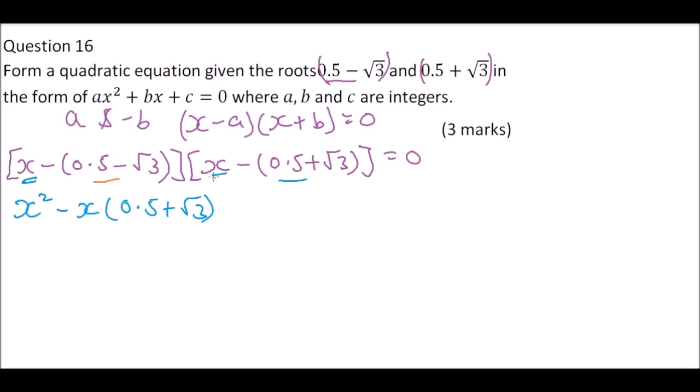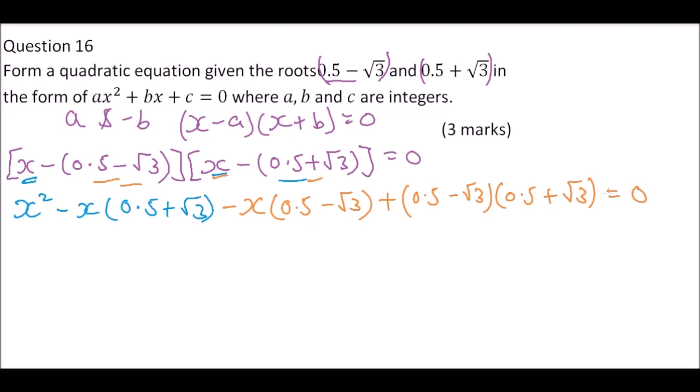This multiplied by x, we will get minus x into bracket 0.5 minus root 3. Then we have this part and this part. Since both are negative, negative times negative becomes positive, and then we have 0.5 minus root 3. We close the bracket, multiply by the other part, which is 0.5 plus root 3. That should give you 0.